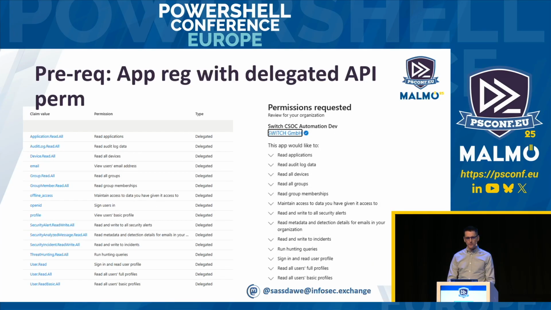There is one prerequisite which we created and is required for authentication, and that is an app registration with delegated API permissions. We only need delegated API permissions, and the reason to go with delegated and not with application APIs is that we don't want to have any secrets, any certificates, anything which is considered sensitive and someone would like to steal.